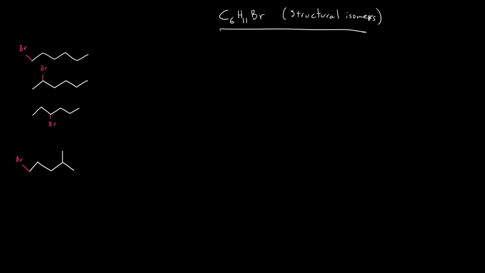We move the bromine over again, so we keep the same structure. 1, 2, 3, 4, 5 with a stick. And then we move the bromine. That will be 1, 2, 3, 4 bromo, and then this is 2-methyl, so 4-bromo, 2-methylpentane, a different compound.